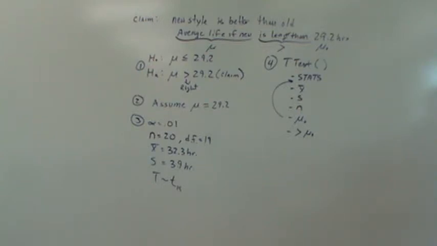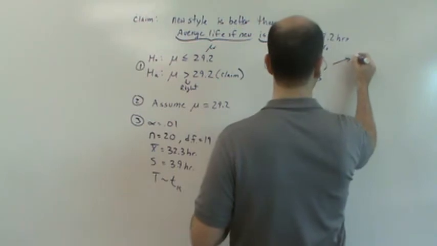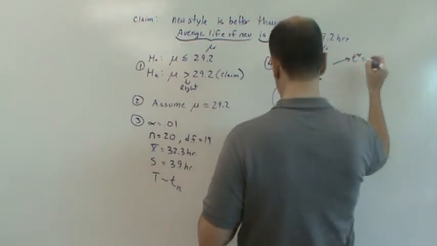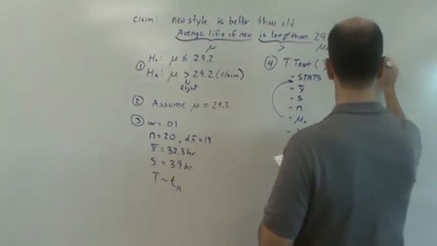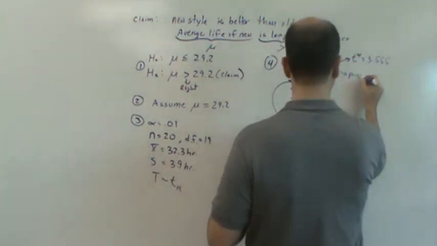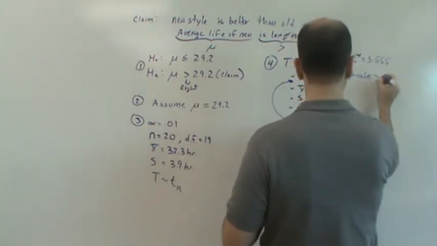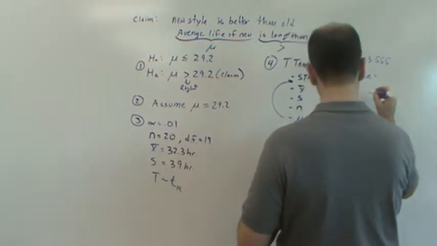And so now we hit calculate. And our T star equals 3.555. And our p-value equals 0.0010.